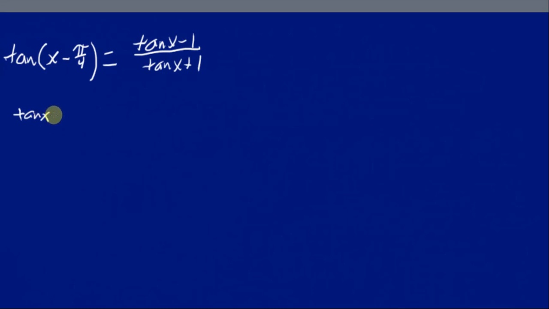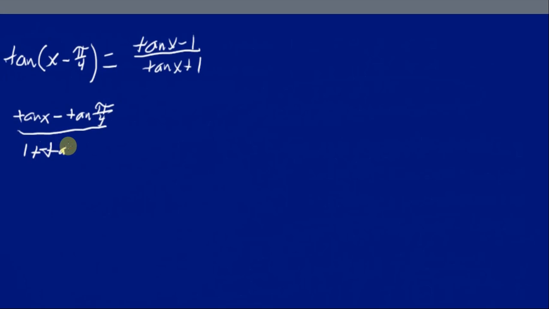And since it's minus, it's going to be minus the tangent of pi over 4, all over 1 plus the product of the two tangents. So it's going to be the tangent of x times the tangent of pi over 4.